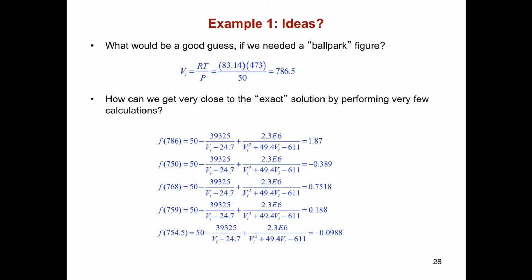You can easily program a computer to say, try something, evaluate it, or give yourself 2 values where you have a positive and negative value, and then take half of that interval, find the next interval that has a positive and negative value, take half, and keep going until you zero in on the solution. This is the method that we're going to program later this semester.